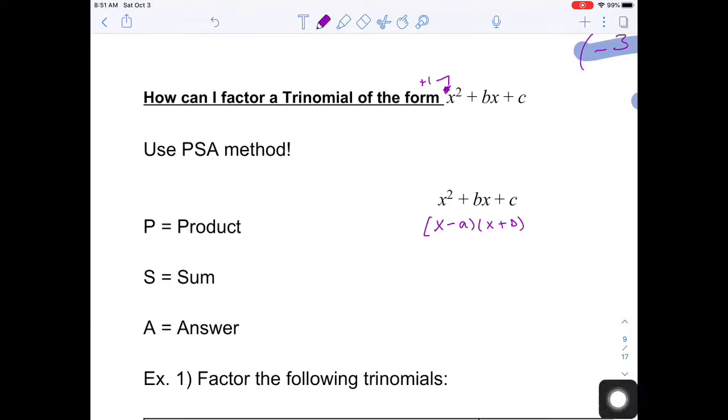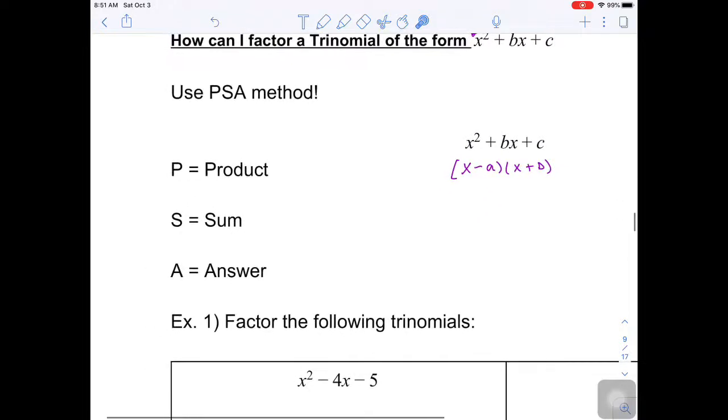This is what your binomials are always going to look like for trinomials of this form. You're going to use the PSA method, the public service announcement method. P stands for product. Your product in this case is your last number, the constant.